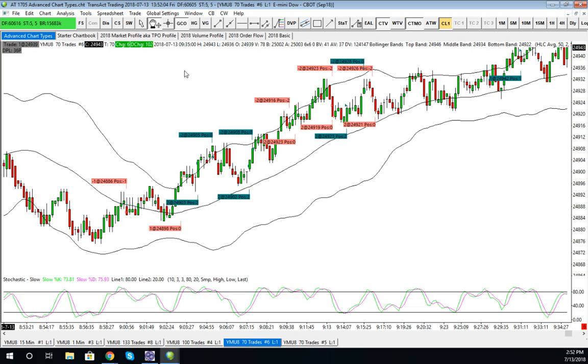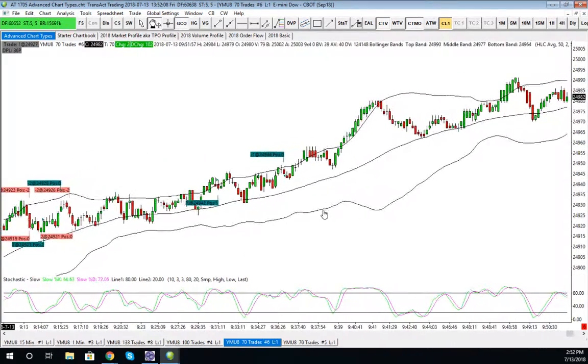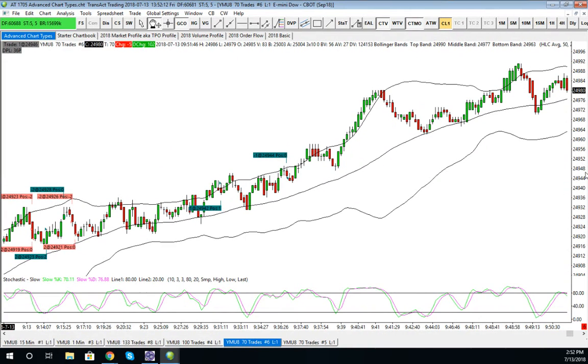Now let's move on. The last trade I took, what happened was I moved the stop to just above break even, hoping for maybe a run that actually happened, but I had already been stopped out of the trade.